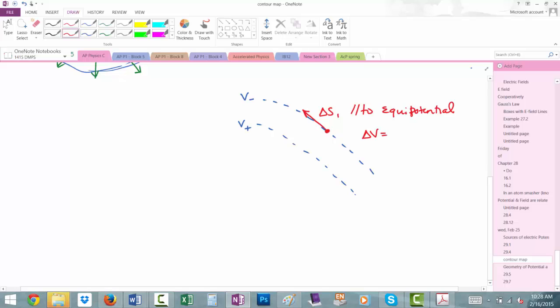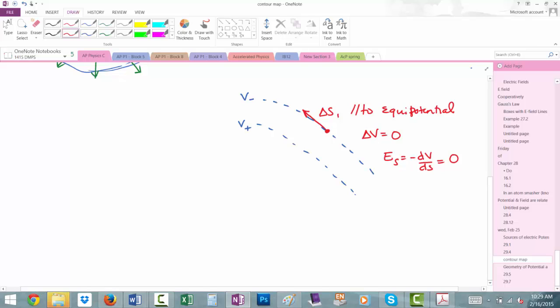If it's parallel to the equipotential, then we know that delta V equals what? Zero, because it's not changing the potential, right? We know that there's no work done. We know that E_s is equal to negative dV/ds, so is there any electric field in that direction? The strength of the electric field is just equal to the derivative of the difference in potential. Since that's zero, then this has to be zero.